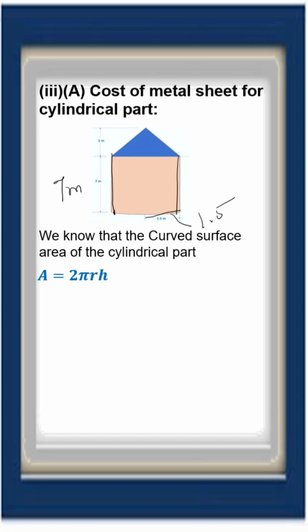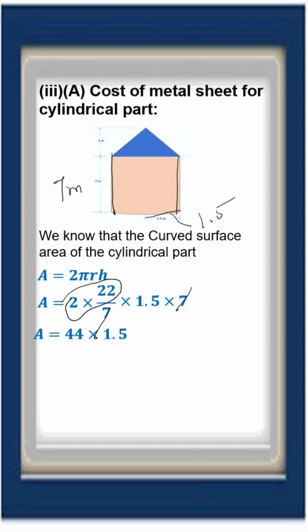Now let us substitute the values. R is 1.5, height is 7. Here 7 and 7 get cancelled. So A is equal to 2 into 22 is 44 into 1.5. So this is equal to 66 meter square.